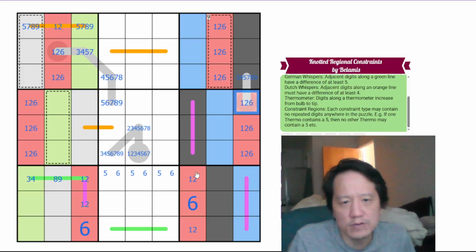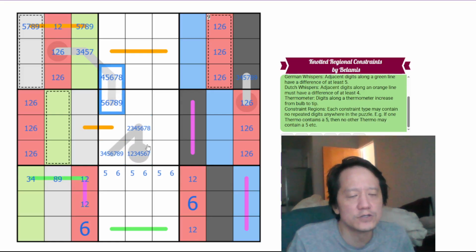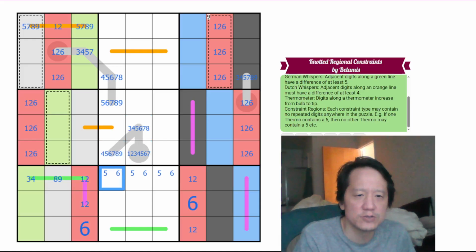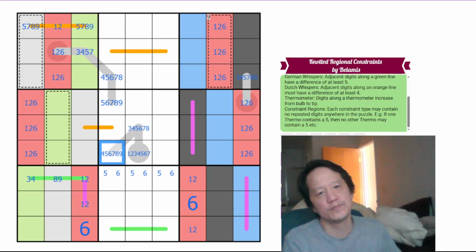We have 1 red here, 1 red here. The rest of these, one of these has to be red. So this cannot be 2, because if this were 2, the problem is this would be 1, and we already have 2 digits on thermometers that are from 1, 2, and 6. So this can't be 2. Since that can't be 2, this can't be 3.